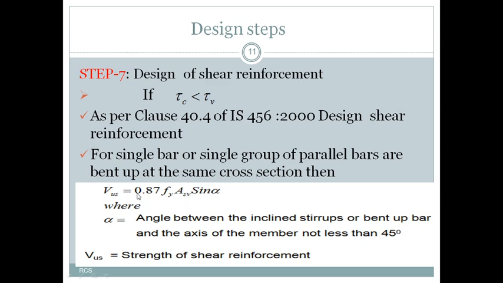Say if you are using a bent up bar, then VUS, here VUS is the strength of the shear reinforcement, can be calculated by using the formula 0.87 Fy ASV into sin alpha. You know already that Fy is the yield strength of the steel, ASV is the area of stirrups provided in the beam section, and alpha is the angle between the inclination of the stirrup or bent up bar and the axis of the beam.